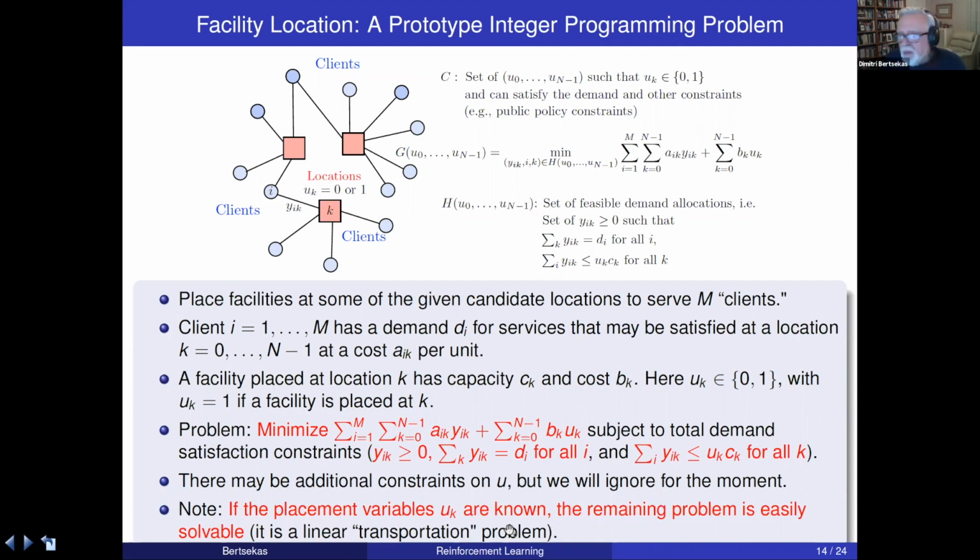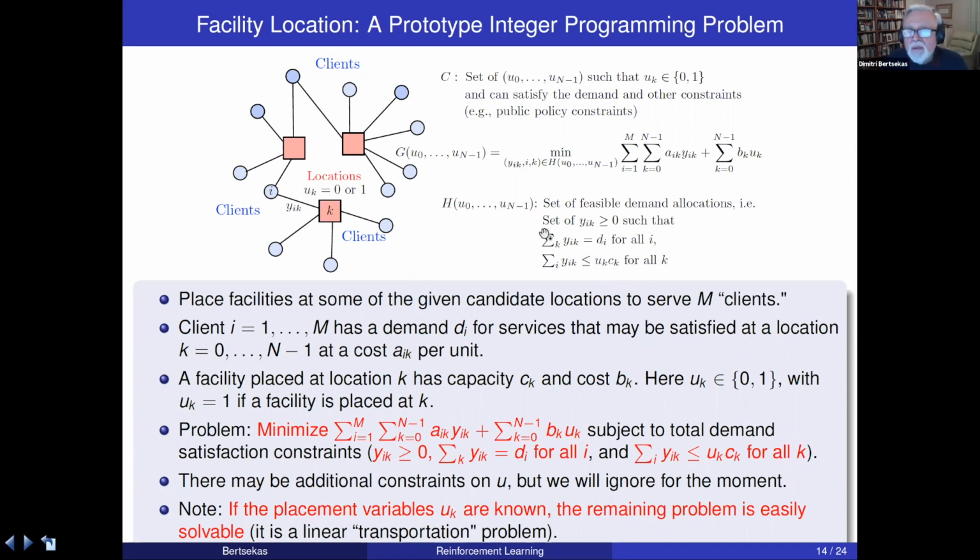So we are going to formulate our problem in terms of the difficult variables, and the others, the y's, are going to be determined automatically through this optimization, where H is the set of all feasible demand allocations, the ones that are non-negative and satisfy the constraints.